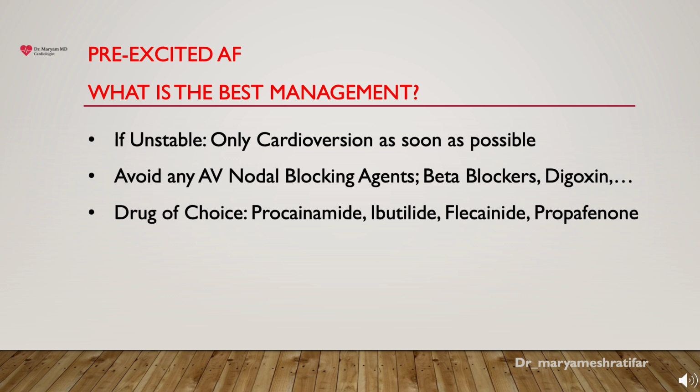Typically, 200 joules would be good. If the defibrillator is able to detect QRS complexes, synchronized cardioversion should be used. And if the rhythm degenerates into ventricular fibrillation, as you know, unsynchronized cardioversion is required.